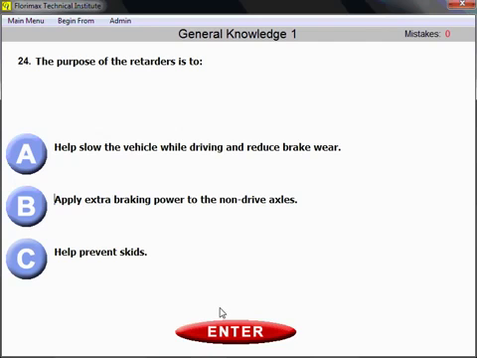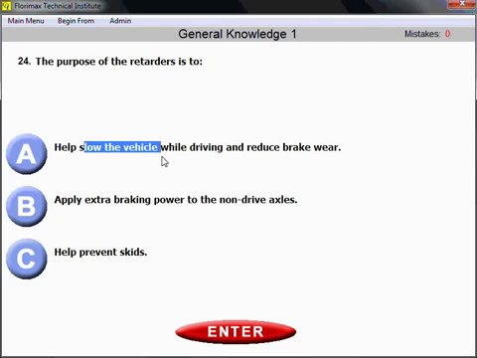Question number 24. The purpose of the retarders is to... Well, you need to know what the retarders are. Retarders are special mechanical or electrical devices connected with the engine, which help to slow down the vehicle, which help the brakes to slow down the vehicle. Retarders could be of different types, and what they do is help slow the vehicle.